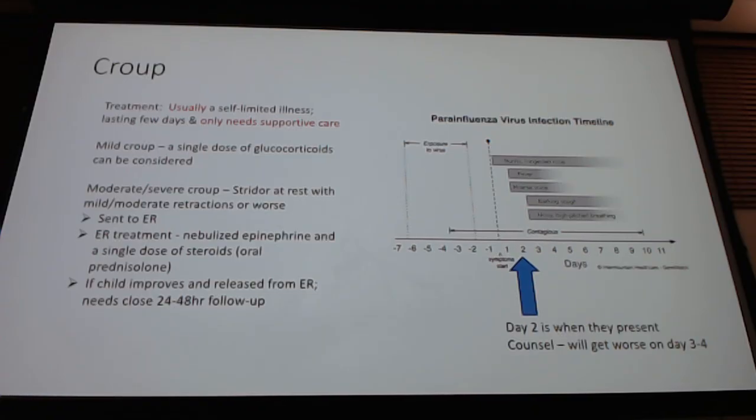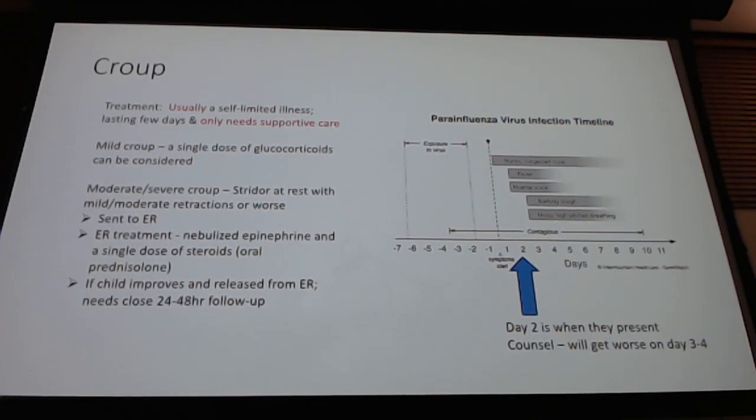The tricky part about croup is when they present, when you educate parents. Part of your treatment plan is educating parents. You want to make sure they know that if the coughing started around here, they are still probably going to develop worsening symptoms or have symptoms over the next 2 to 5 days.